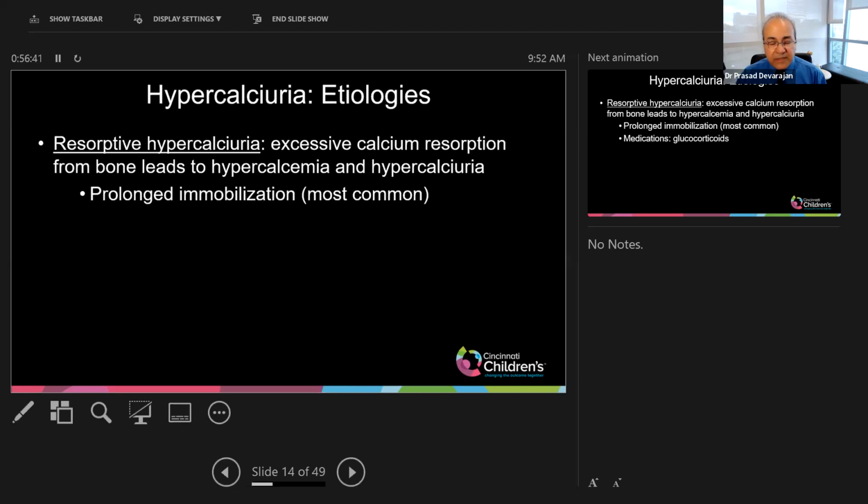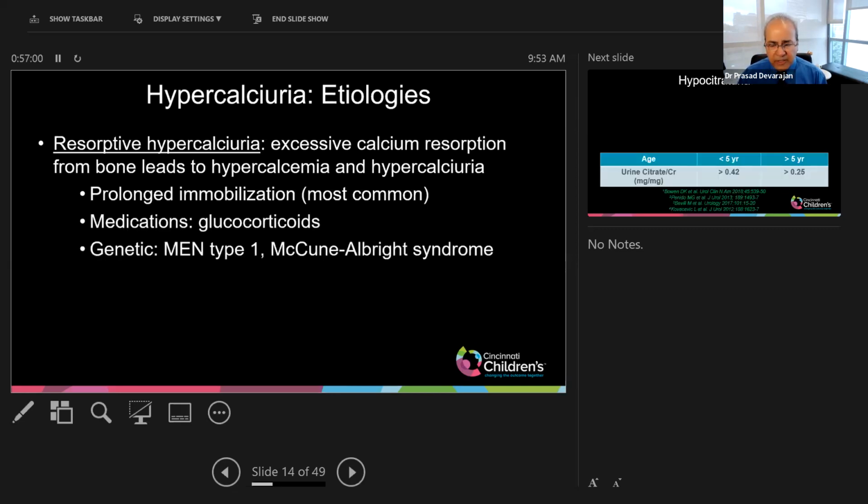Those are the ones that get recurrent kidney stones. We call them stone factories. They just keep getting kidney stones, and it's because of prolonged immobilization, leading to excessive calcium resorption from the bone. Glucocorticoids can do it, and there are some, again, rare genetic causes that can do it. But by far, the most common cause of resorptive hypercalciuria is prolonged immobilization.